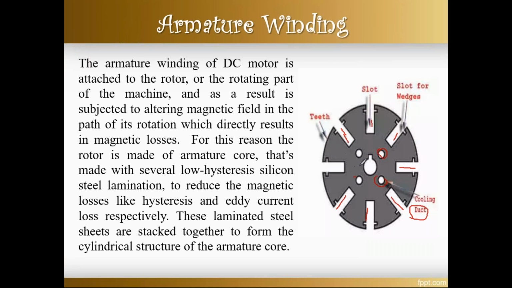The holes provided in the armature are called duct holes, and their purpose is cooling. Because of continuous rotation, the temperature rises and heats up. When it heats up, the winding may burn. So we provide this cooling methodology here. We place the holes here, and these holes are used for air cooling.